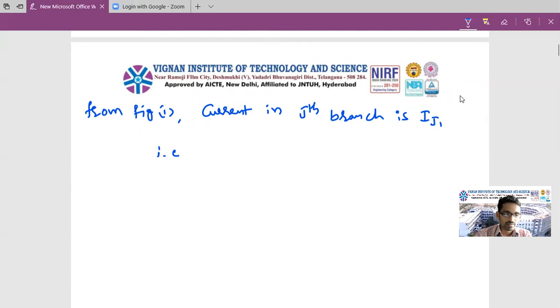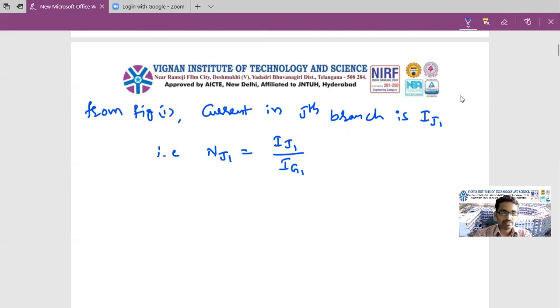If I write the current distribution factors, that is Nj1 is equal to Ij1 by Ig1. Ij1 is a current which needs to be calculated, and Ig1 is the supply, right?